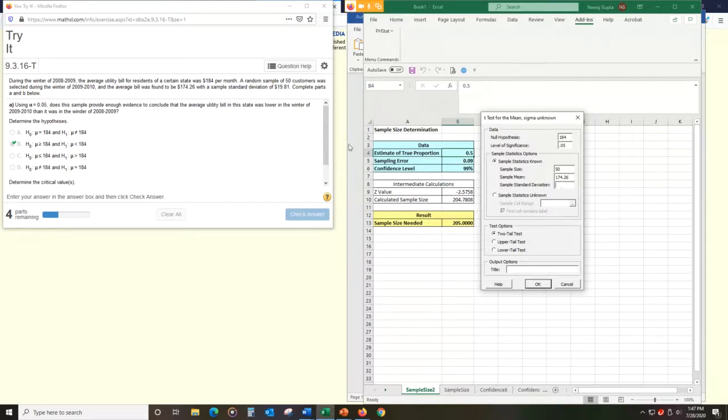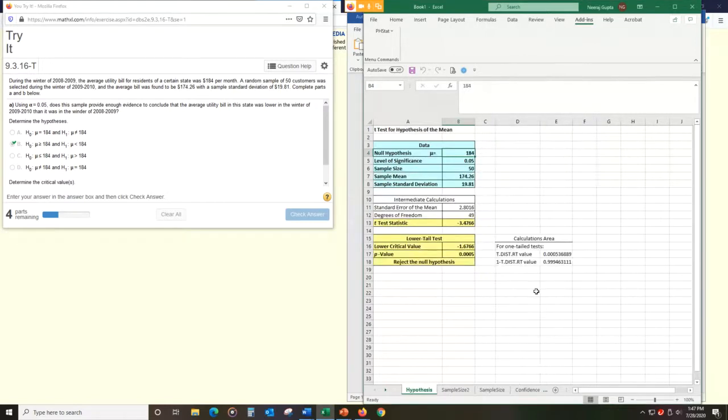And my sample standard deviation is 19.81. And then I need to check which test I'm doing. The test is from my alternate. My alternate is less than type, so it is lower tail. Everyone got that? Yes. And then you click OK.